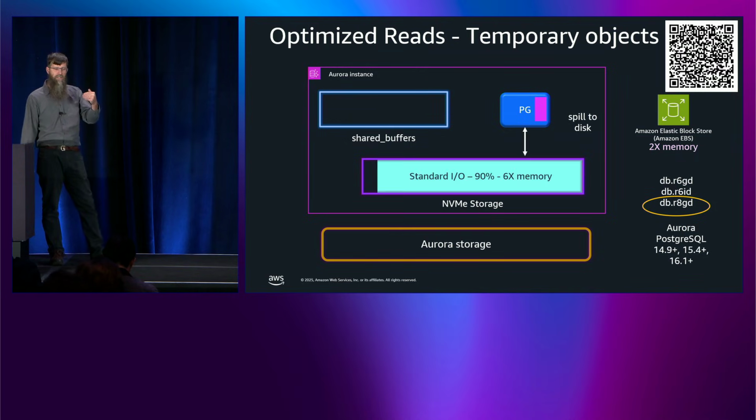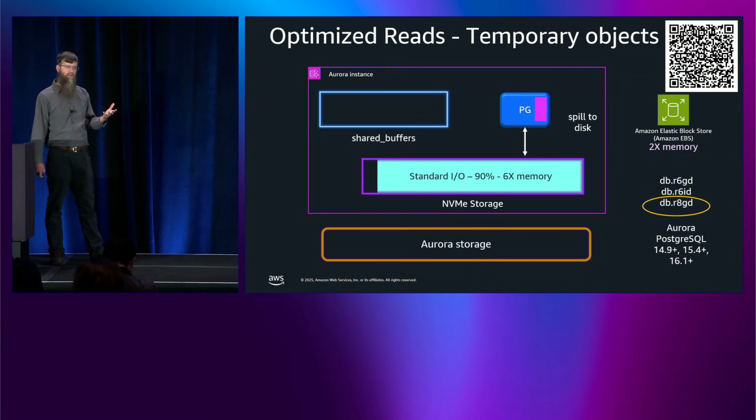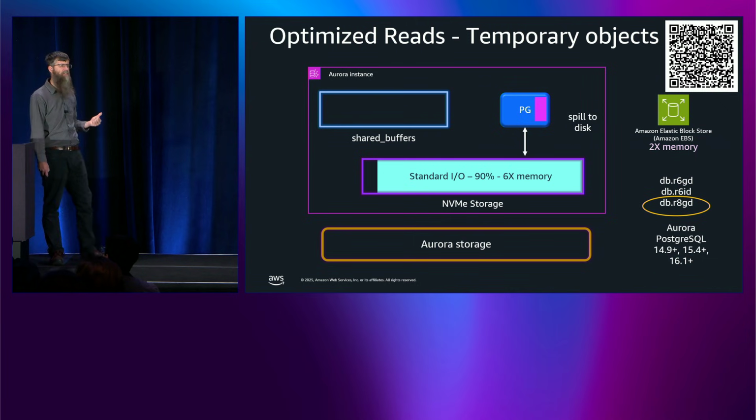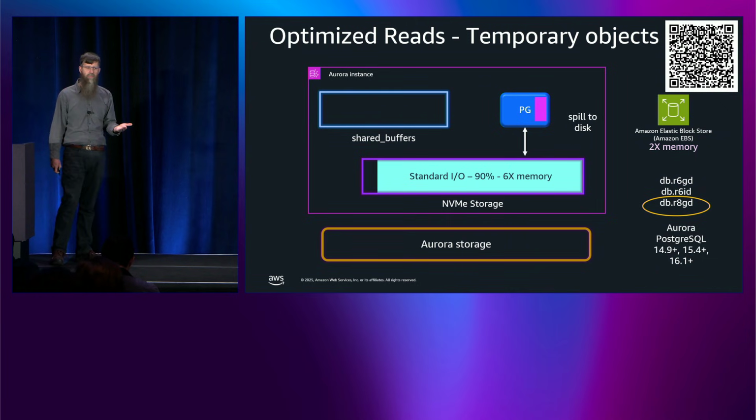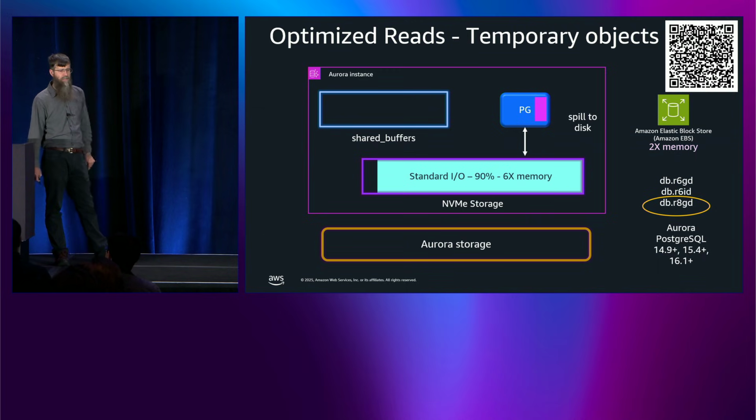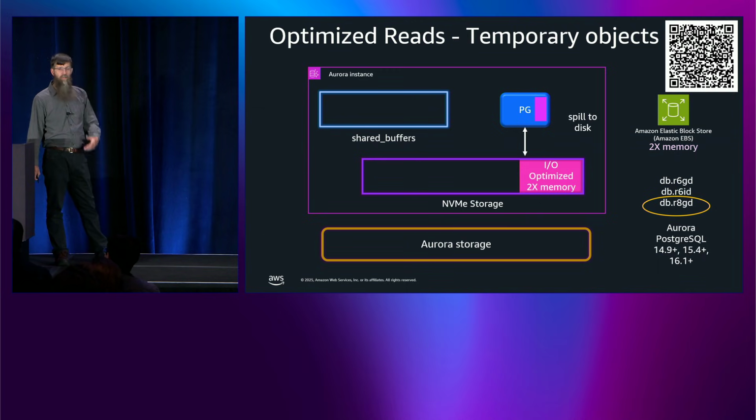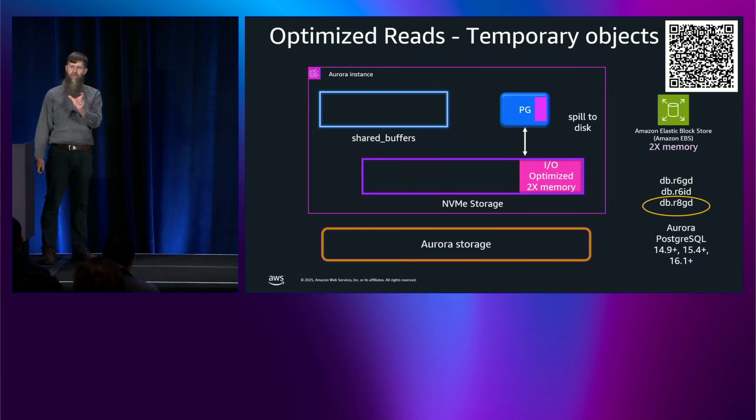So when we spill to disk, we'll spill to that instead, up to 6 times the size of the memory we'll allocate inside there. That means obviously the latency is a lot lower, and we'll improve our performance dramatically for workloads that use those temporary objects. If we turn on IO optimized though, we reduce that 6 times down to 2 times your memory. Still good, still works the same way, but it's only 2 times the memory.